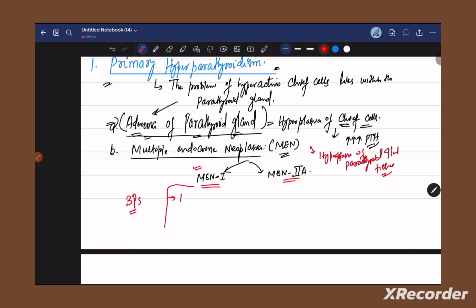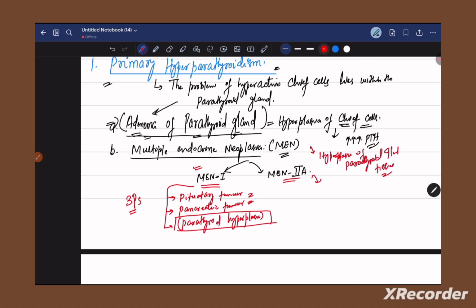First, there will always be a pituitary tumor. Secondly, there will be a pancreatic tumor. Thirdly, there will be parathyroid hyperplasia. Means in MEN 1, there could be pituitary tumor, pancreatic tumor, and also parathyroid hyperplasia.